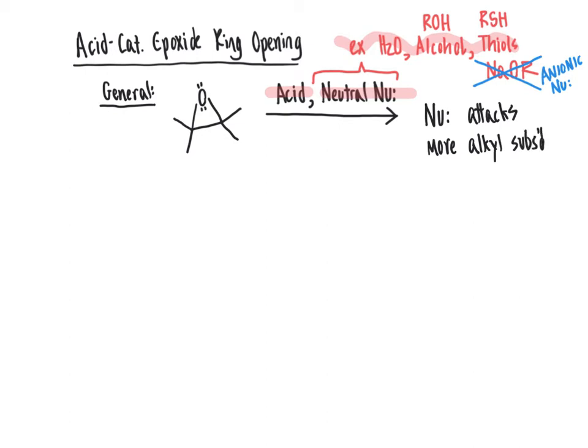So it's going to attack the more alkyl substituted. You could think of that as being the more sterically hindered carbon in general. So it's going to attack the more alkyl substituted carbon of the epoxide to form a new carbon nucleophile bond. So that carbon that's being attacked we would describe as the electrophilic carbon.